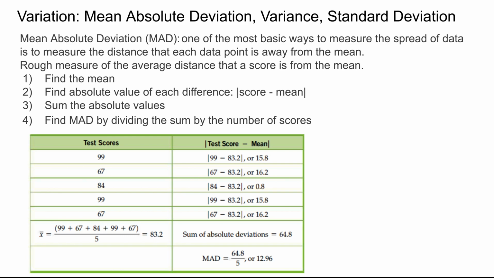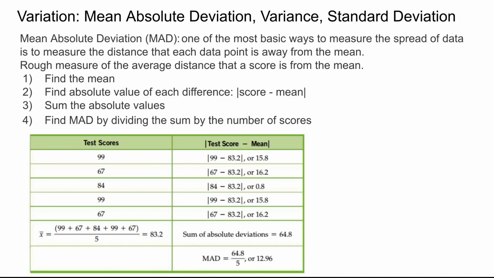As the name is indicating, we're gonna find the mean, and we're gonna find the absolute value of the difference. Deviation means difference. So you're gonna find the absolute value of the difference between actual value and the mean.